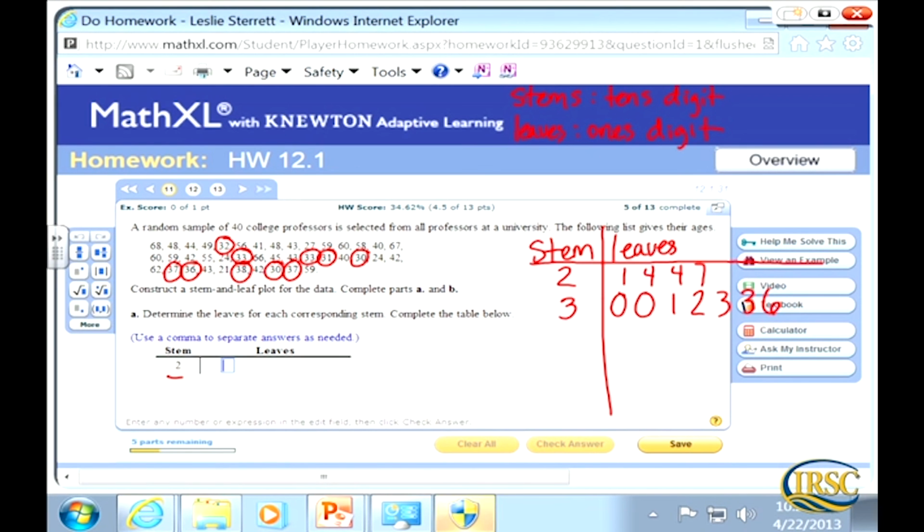Two 37s, and a 38. So I have 1, 2, 3, 4, 5, 6, 7, 8, 9, 10, 1, 2, 3, 4, 5, 6, 7, 8, 9, 10. Yes, that matches. Okay, so there are my 30s. And then next we would move on to our 40s and so on.